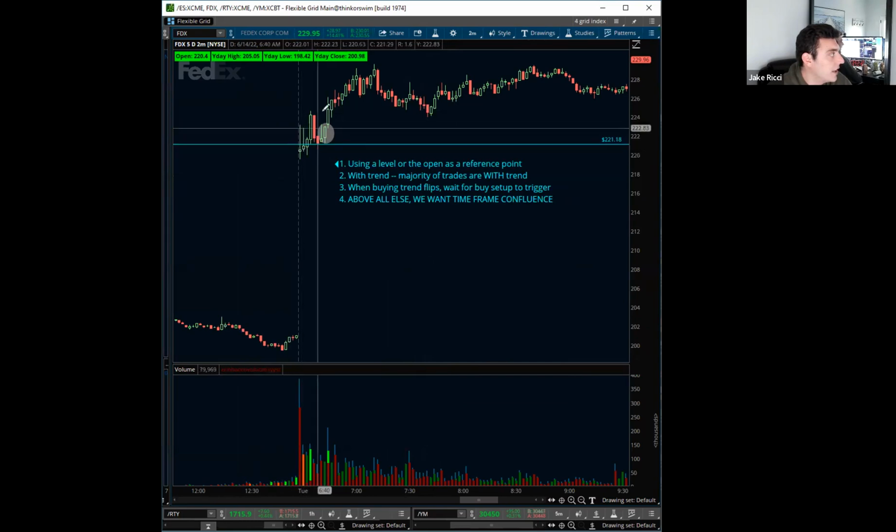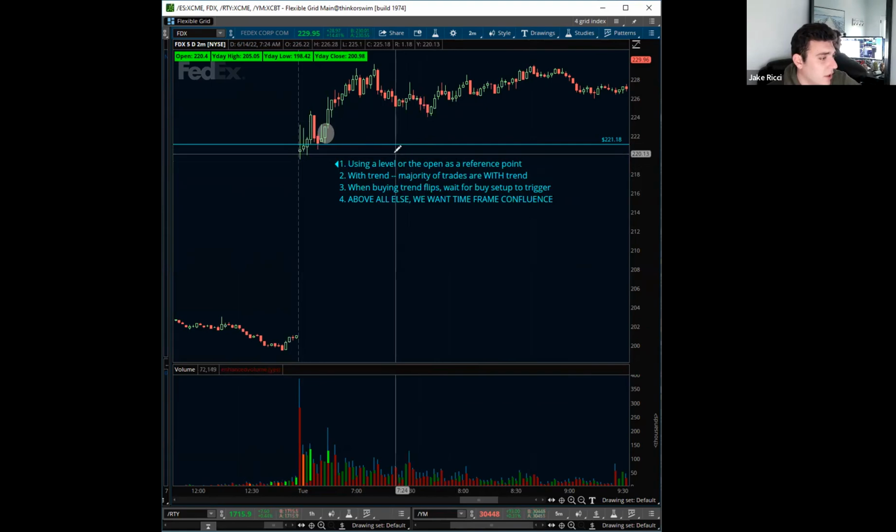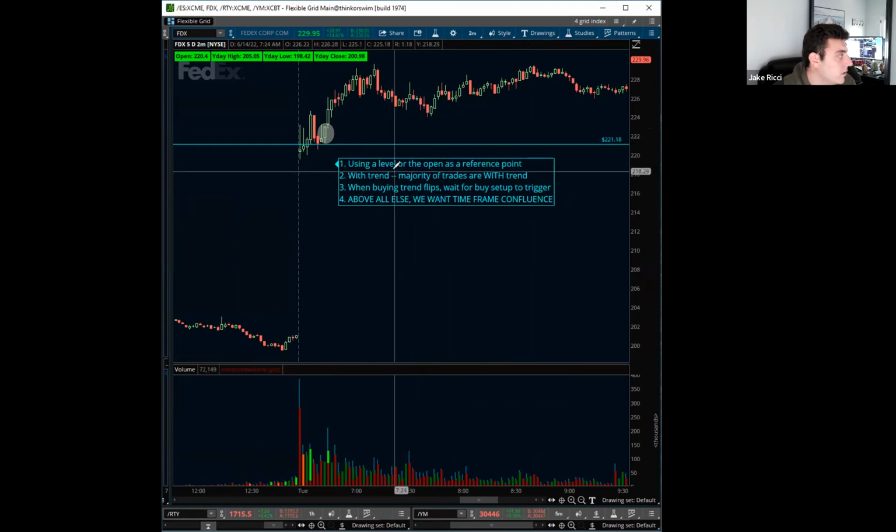We want to take our trades with the trend. So are we above the level? Not only are we above it, but are we using it as a reference point? Here we're above it and we're right at it. We can take a buy setup on the 2-minute off of that level.